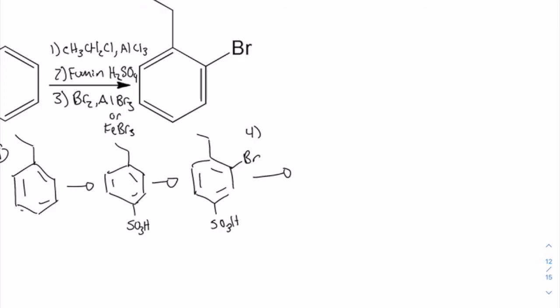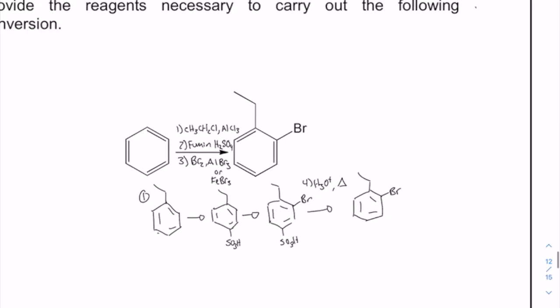So we're going to do H3O+, and we're going to use heat. The triangle just stands for heat, and that will get rid of the blocking group. So we are just left with bromine and the ethyl, and we have our final product.